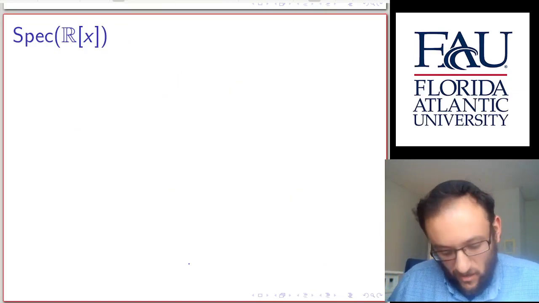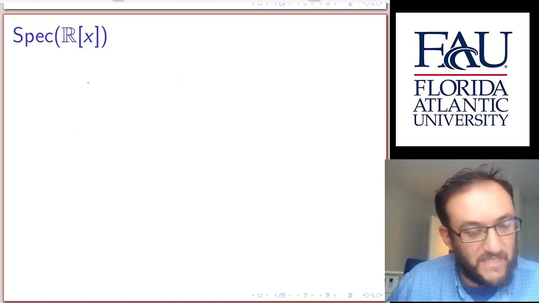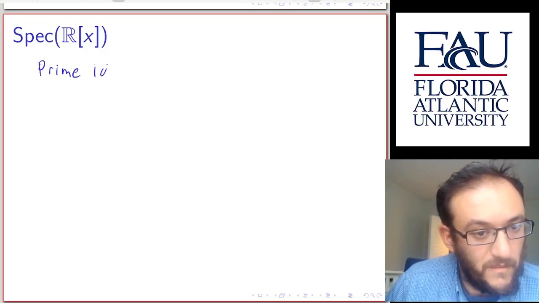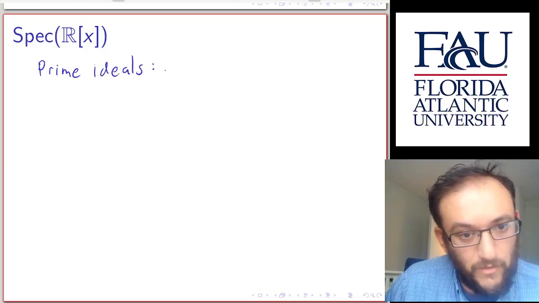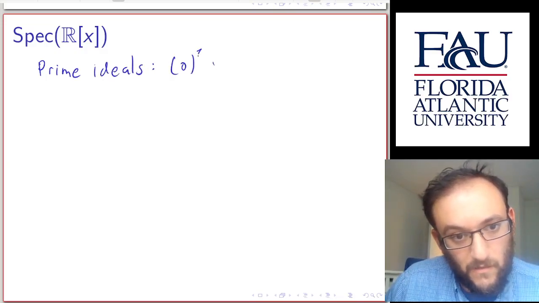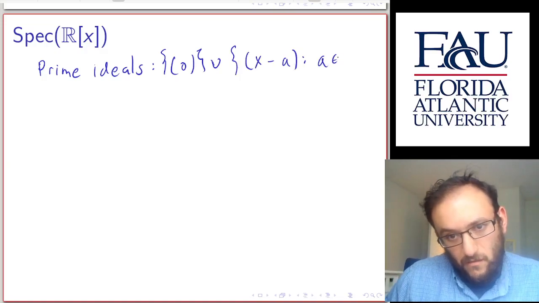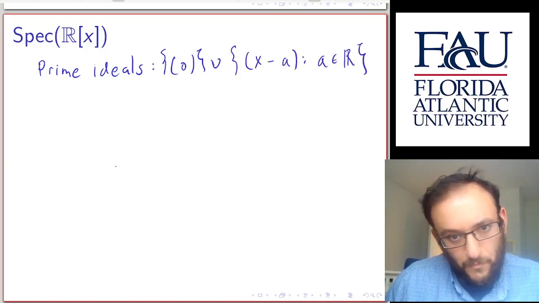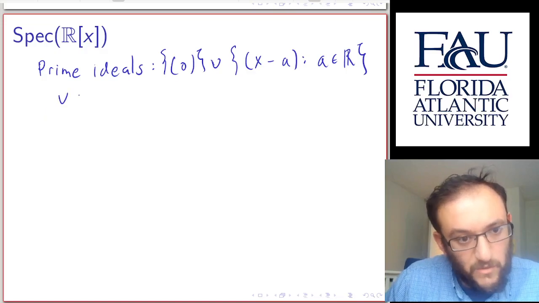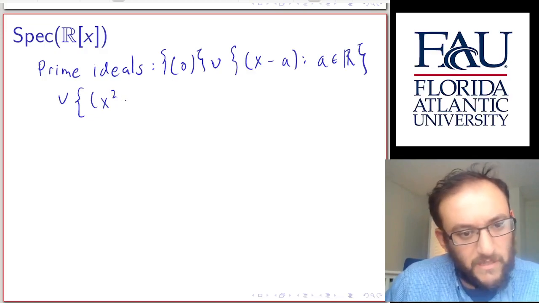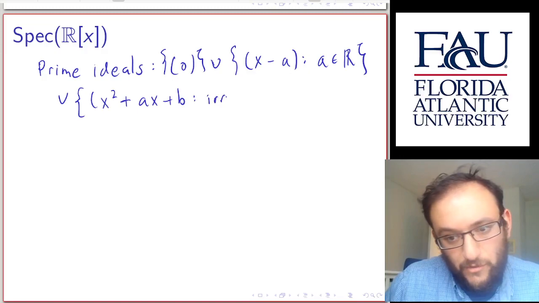Now let's look at Spec R[x]. This is going to be similar to Spec C[x]. For the prime ideals here, as before, you get your 0 ideal. You also get things of the form x minus a for a in R. But then you also get these degree 2 polynomials, x squared plus ax plus b, where this is irreducible.